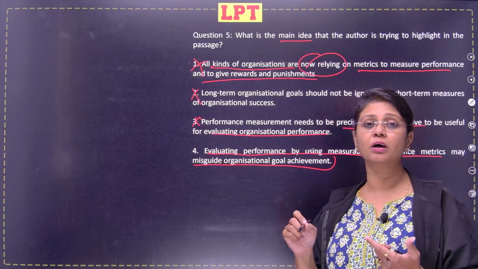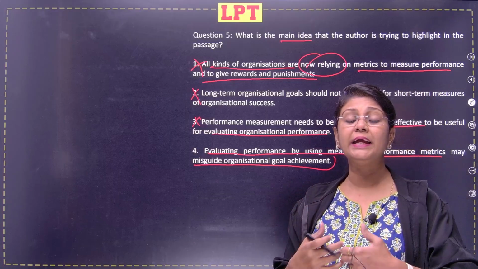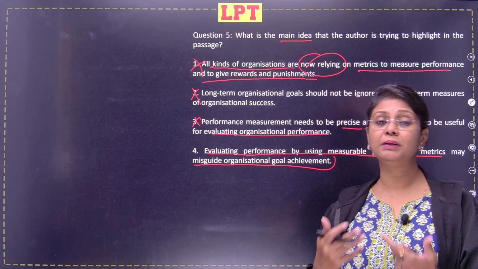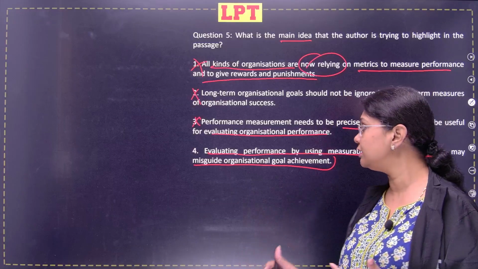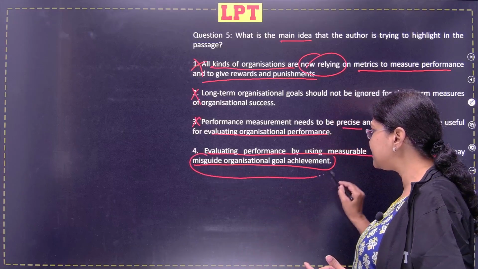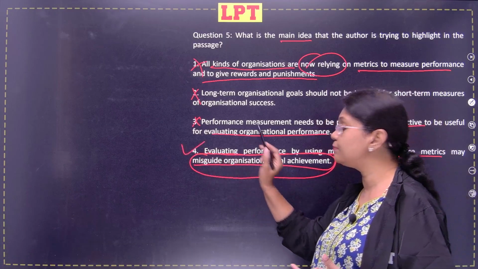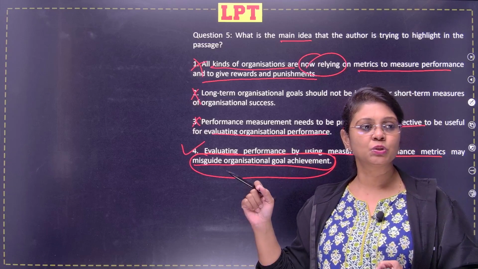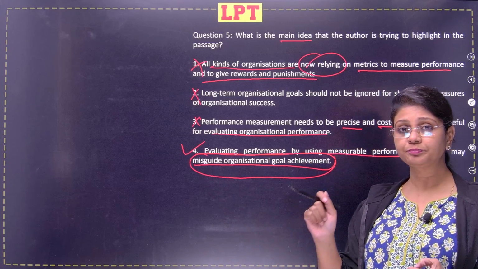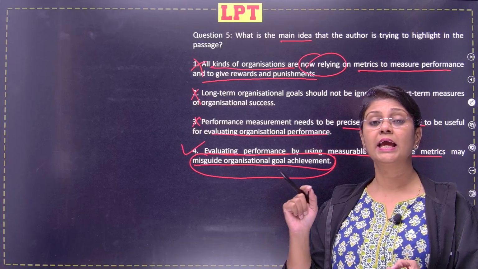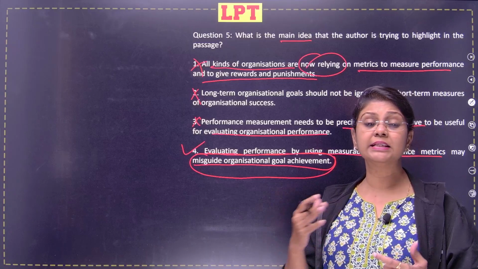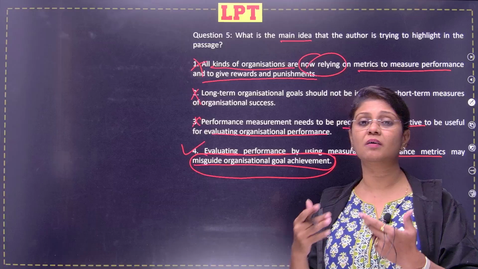This is what the author has emphasized, that you might have negative consequences of metric fixation, and in trying to replicate that system into an organization, you might misguide organizational goal achievement. This becomes the main idea of the author in the entire passage. So this is how you go about answering the questions, eliminating the options on the basis of logic step by step, and this is the way you should be looking at solving an RC.